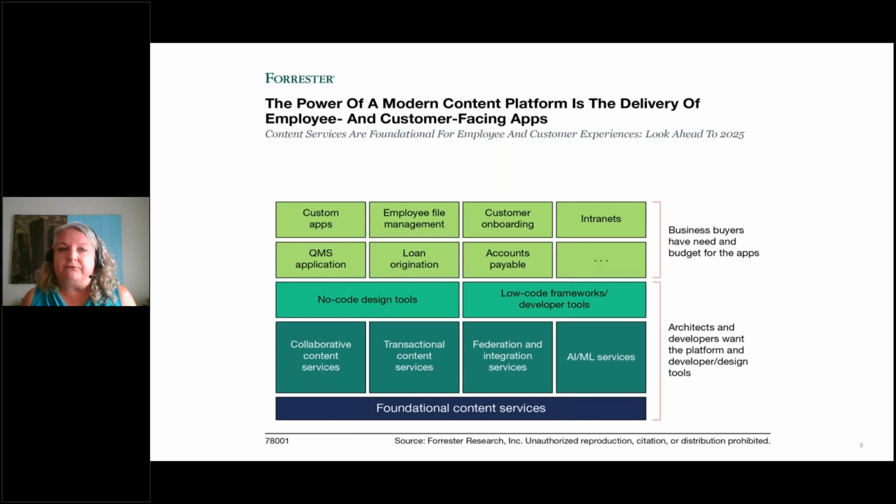We know that we need some of these foundational capabilities to be able to manage and store our documents, our processes, web pages. But we also need to serve up these capabilities to help us collaborate better, to share documents, to create project workspaces, transactional services that help us design process, get digital signatures into the hands of those who need it.